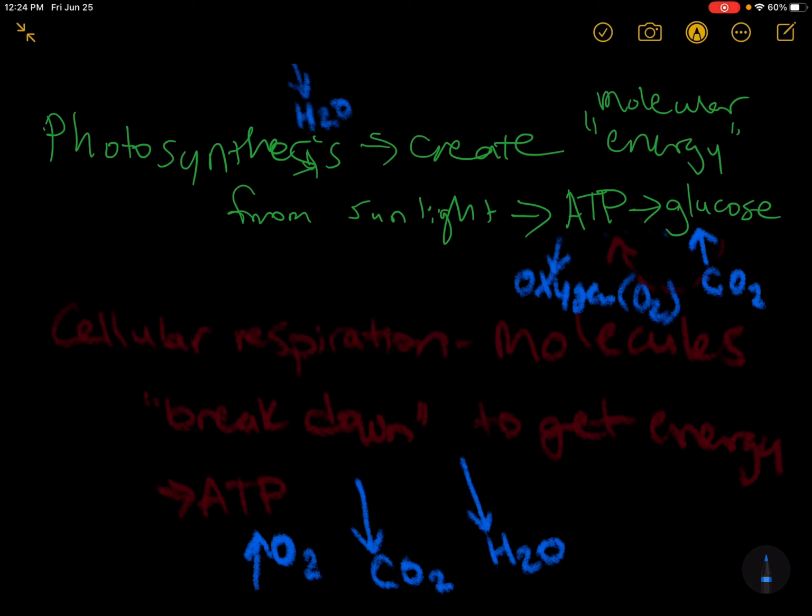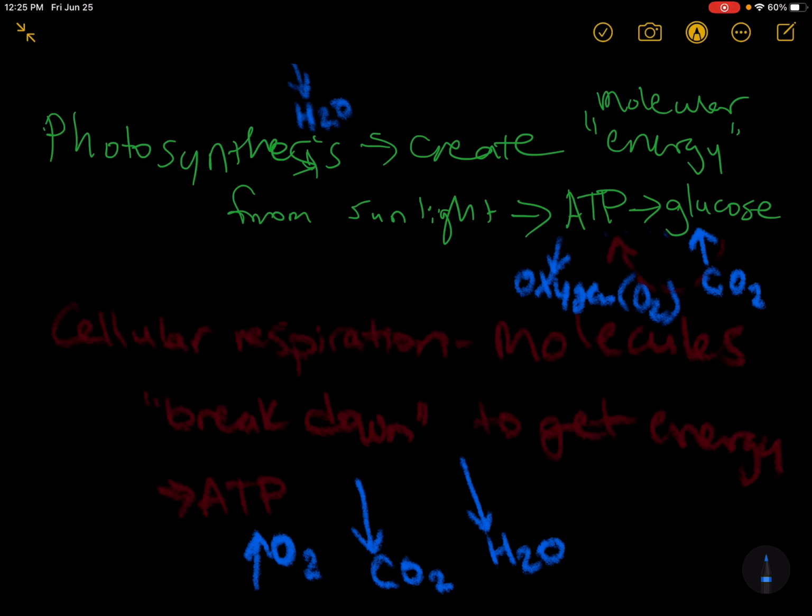are from CO2, which at present are largely from cellular respiration, byproducts from animals, as well as a lot of pollution, which we won't talk about right now, but we will talk a little bit about in the future.